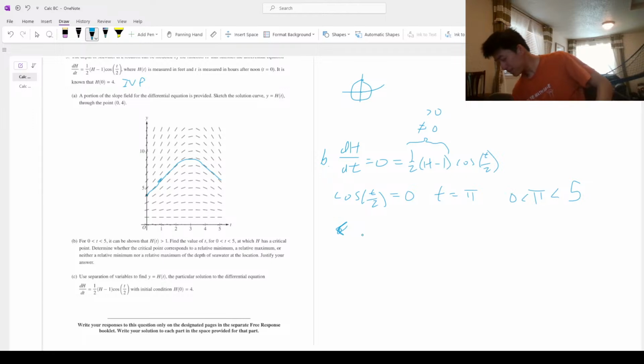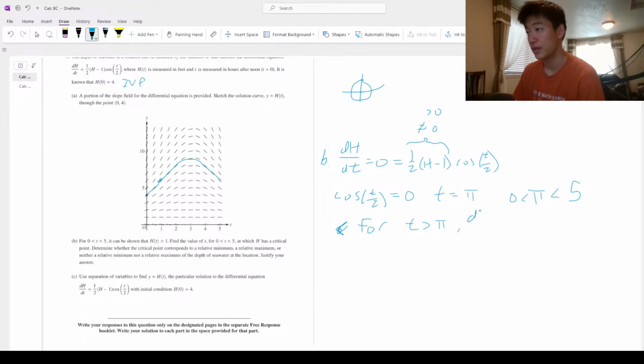You can write that for t less than pi, basically that's going to be over here, cosine is going to be positive, so dh over dt is greater than 0. And for t greater than pi, cosine is going to be negative, so dh over dt is less than 0. And that makes sense here because it's going up and then it's going down.